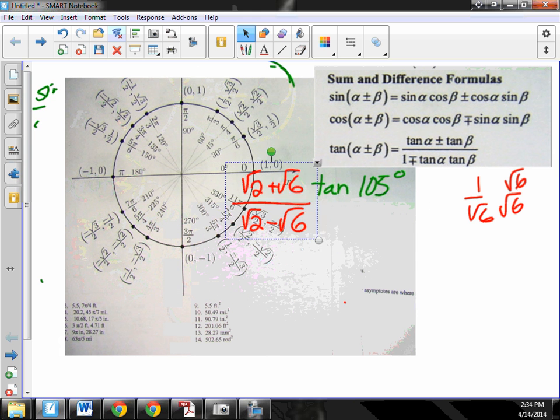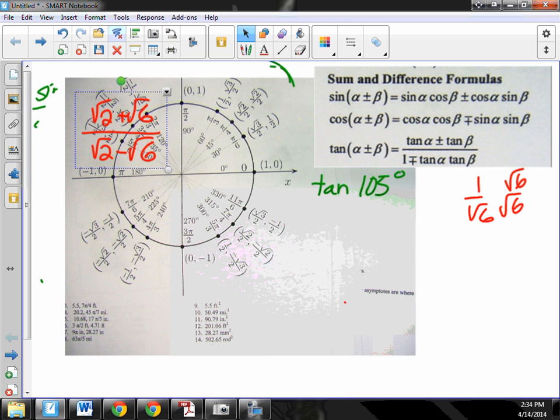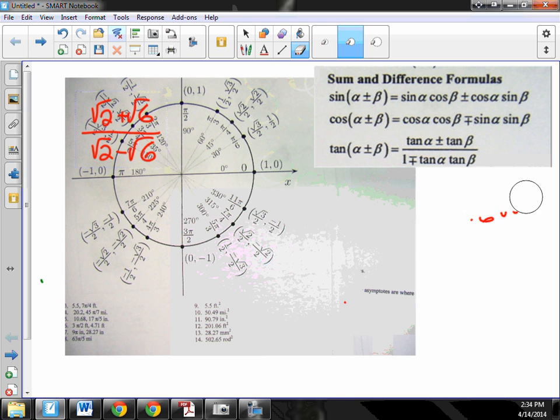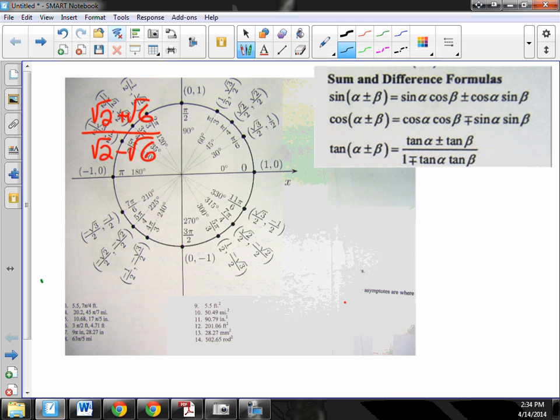And this is, I'm not going to lie to you, painful. But it's a really common thing to need to be able to do. So, we need to get rid of both square roots. And the only way to do that is to multiply it by its conjugate. Do you remember what a conjugate is?